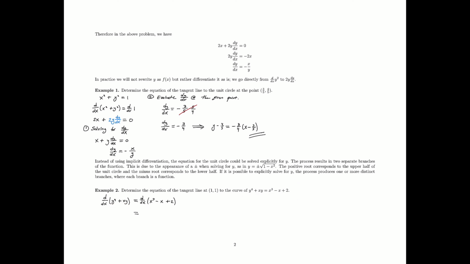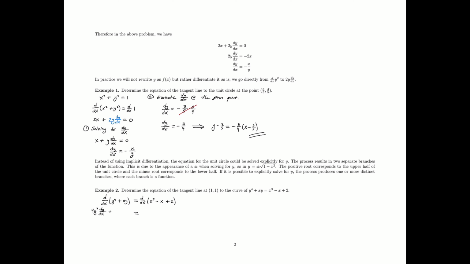So on the left-hand side, we're differentiating a y term with respect to x, so we're going to need a dy/dx. We differentiate as normal for y to the fourth, but then we have to tack on this dy/dx.